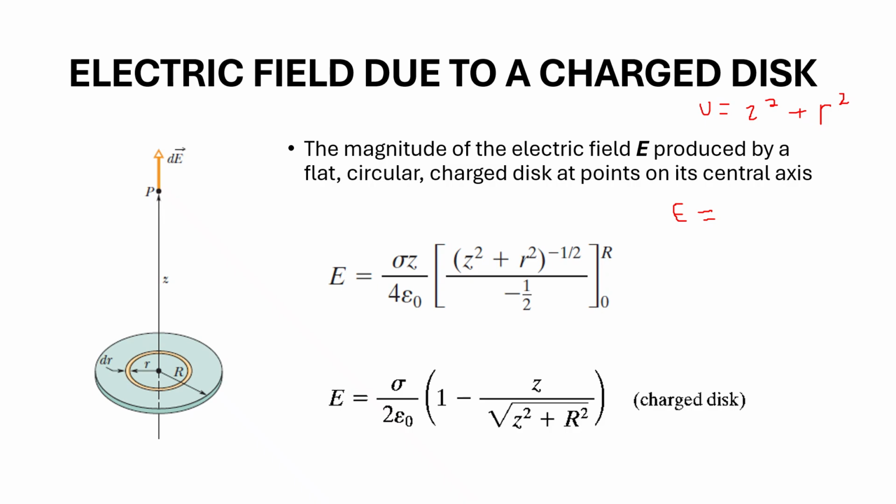So here you get negative 1 over 2. Let's say you want to solve it, delta z over 4 epsilon 0. Then you have negative 1 over 2. You can bring it up, it becomes negative 2 over 1.